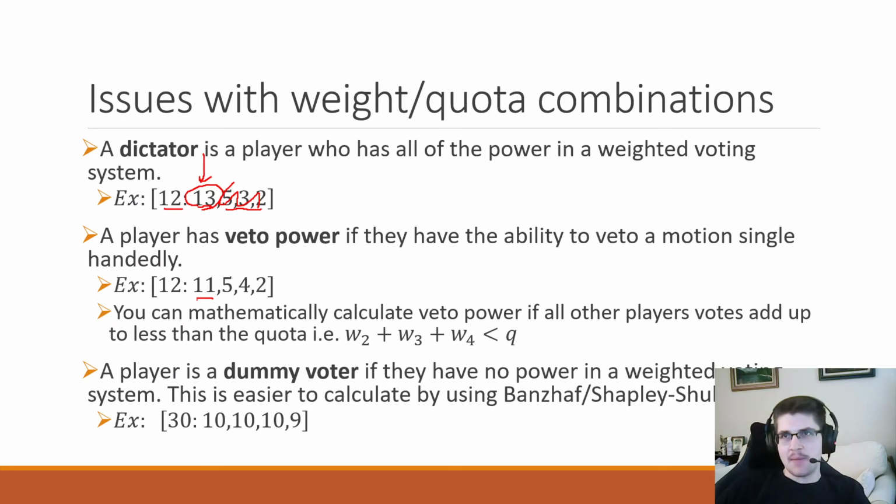But at the same time, the reason player 1 has veto power is that if we look at everyone else's votes, the sum of all their weights would be a total of 11. So even if all of these voters voted yes, they still wouldn't have enough votes to make it to the quota, which is why player 1 has veto power. If player 1 says no, the motion will not pass, and that's what we call a veto.